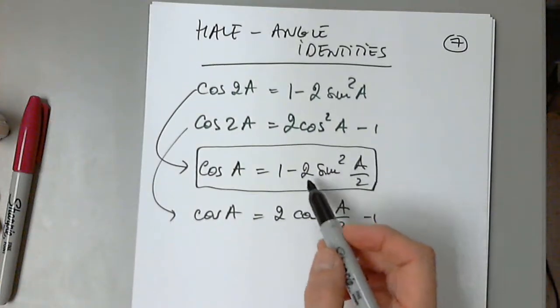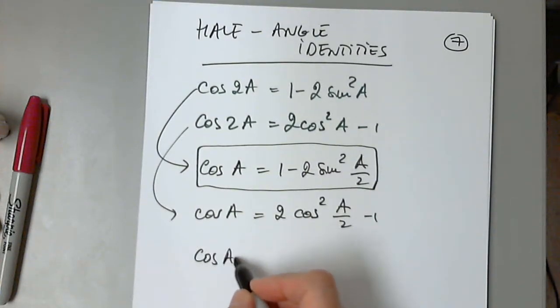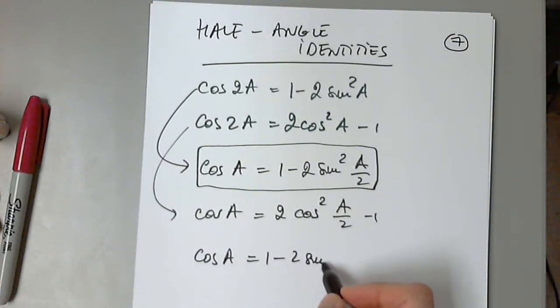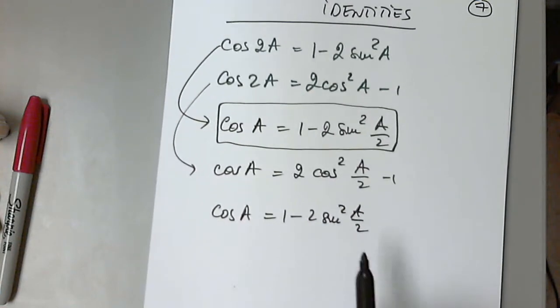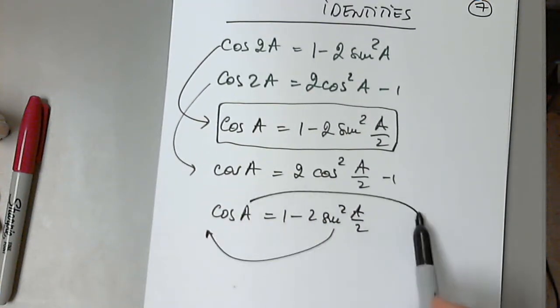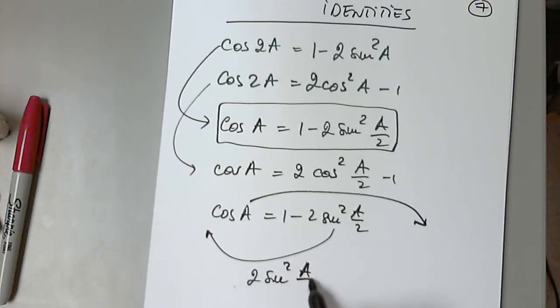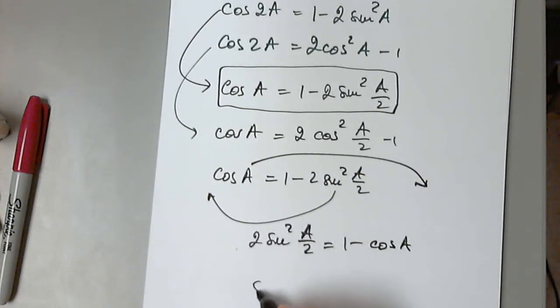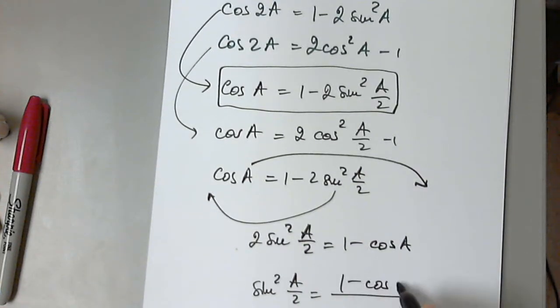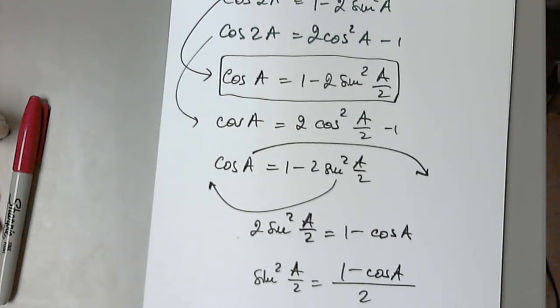So this equation, cosine a equals 1 minus 2 sine squared a over 2. I'm going to move this here and that over there. 2 sine squared a over 2 equals 1 minus cosine a. Therefore, sine squared a over 2 will be 1 minus cosine a over 2.